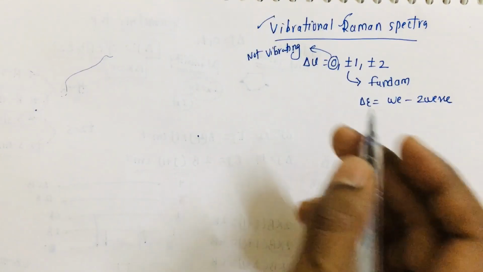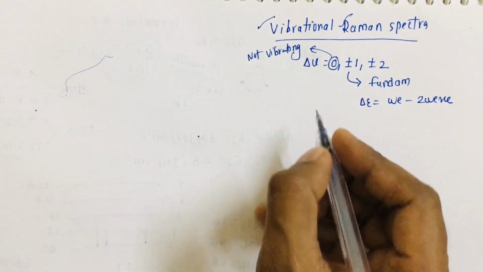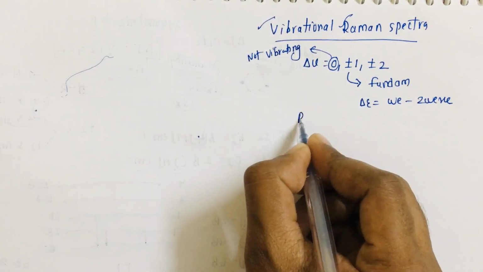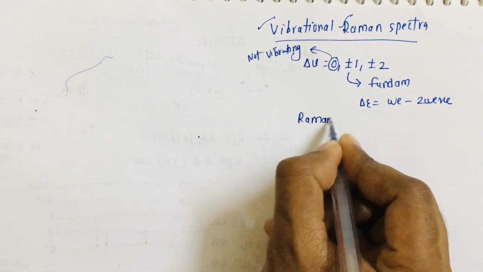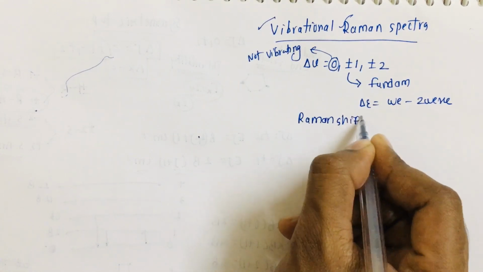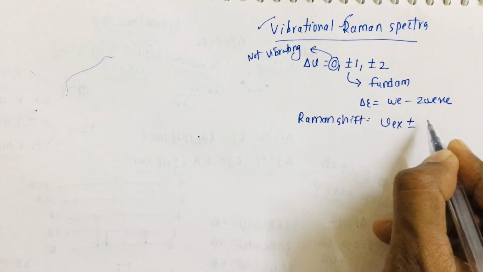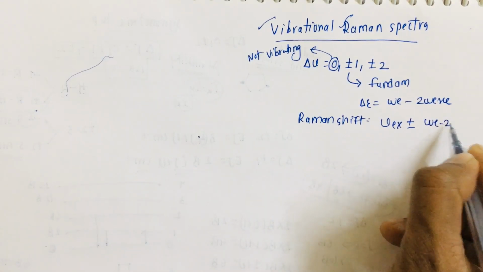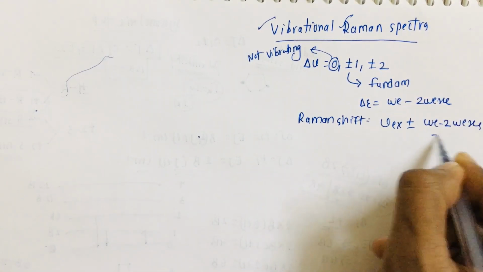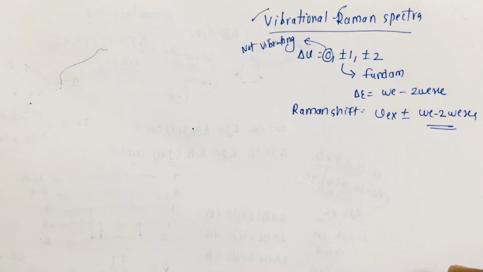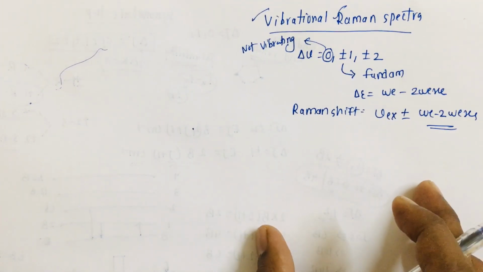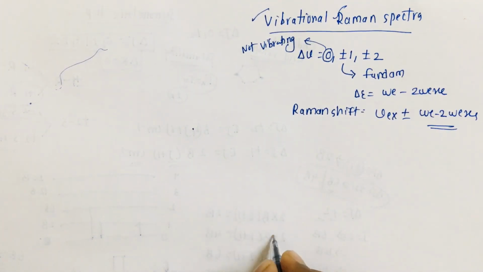If we want to calculate the Raman shift for the fundamental band, the Raman shift will be nu x plus or minus (W minus 2WXC). It's very simple. Directly we'll go into the diagram.